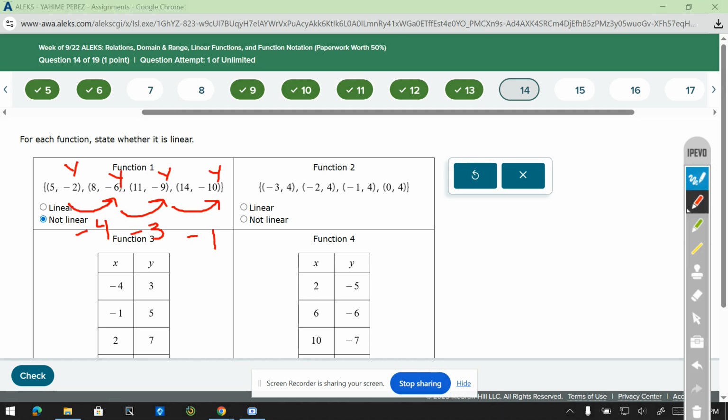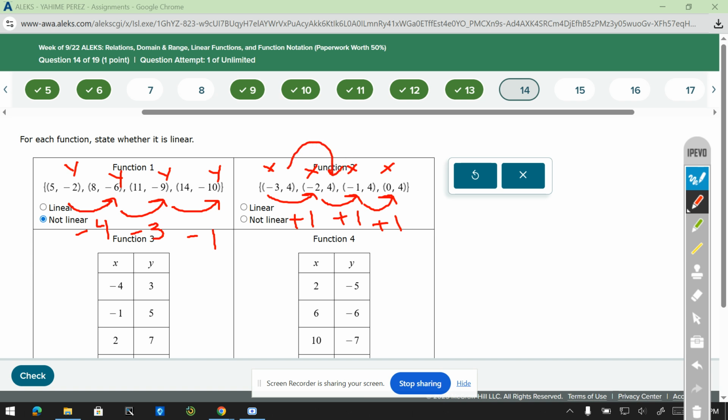Okay, we're going to do the same with function 2. So I'm going to first analyze the x values. The x values from -3 to -2 went up by 1. From -2 to -1, that went up by 1 as well. And from -1 to 0, that went up by 1. Now I'm going to check the y values.